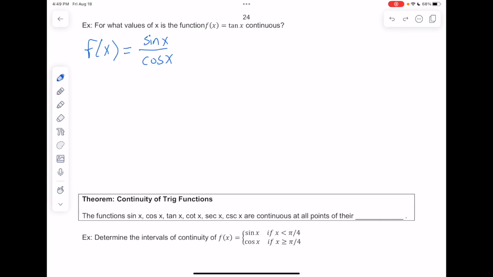So this function tangent, which is sine over cosine, is going to be discontinuous if cosine of x is equal to 0.